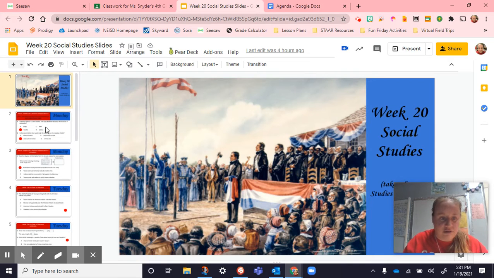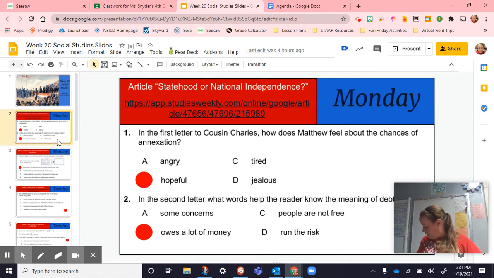Miss Klein accidentally put Monday on here, so we just went with it. Even though Monday was off, we went ahead and looked at it because I didn't want us to miss any of that information. We looked at a couple of these letters and answered some questions about them together.